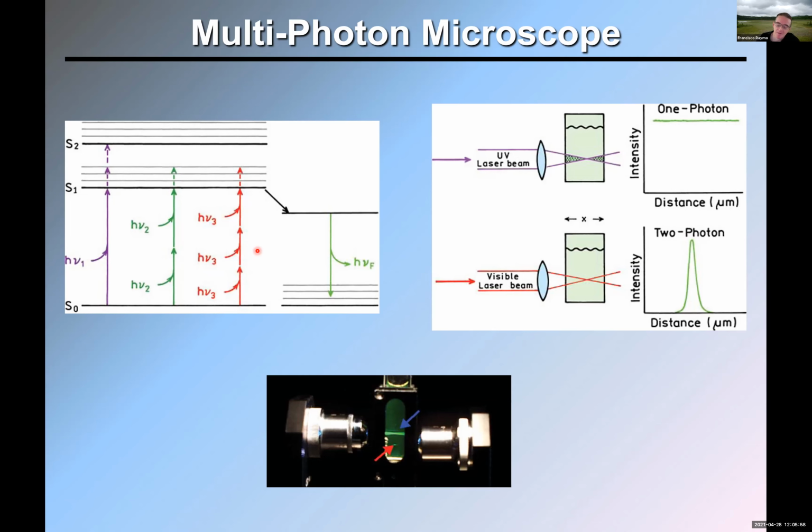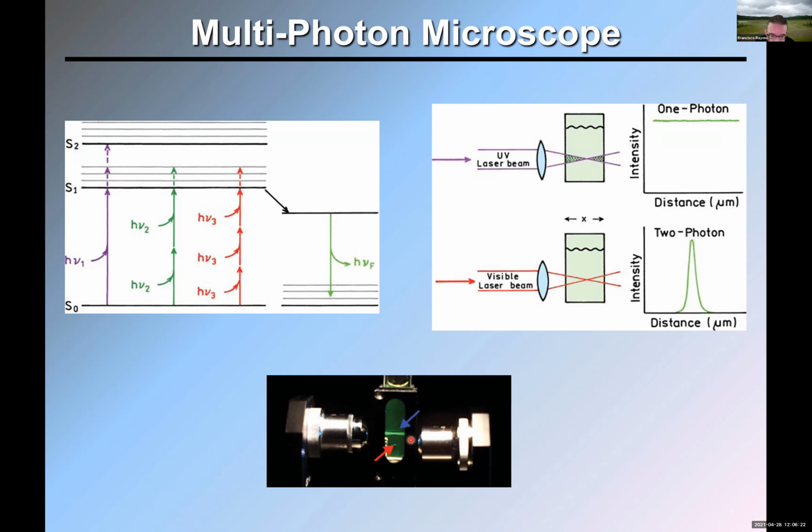And in fact, the probability is proportional to the square of the intensity in the case of 2 photon, the cube in the case of 3 photon, and so on and so forth. But this correlation between intensity and probability of absorption can also be used to our advantage. And this is shown actually in this picture.